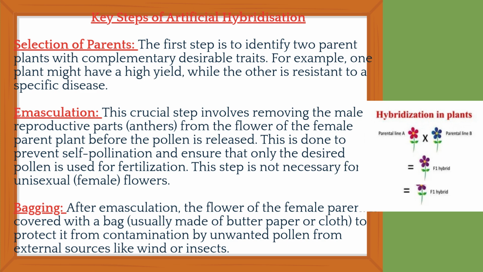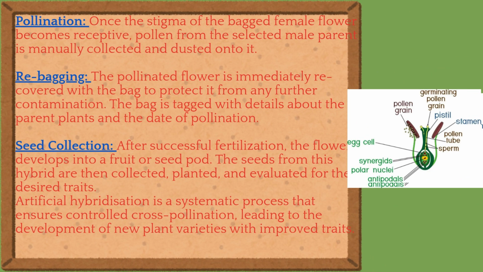As you know, crops yield in open conditions, in open farms and fields. So to prevent unwanted pollination, that parent plant will be covered by cloth or butter paper sack.